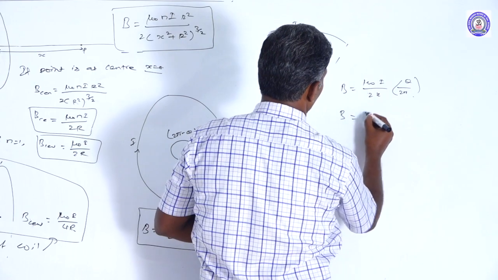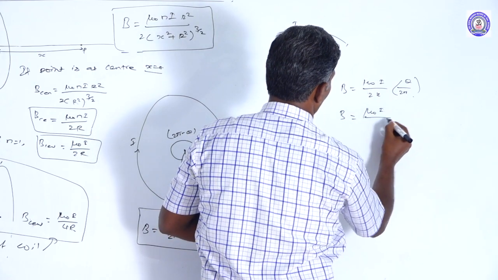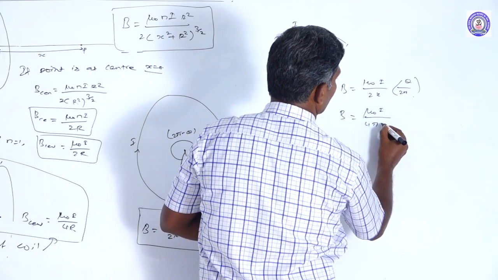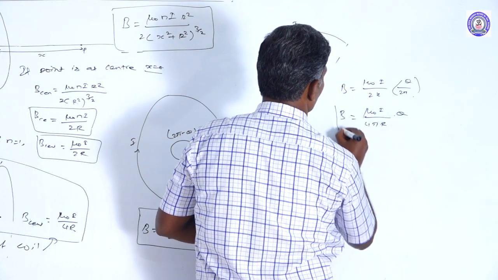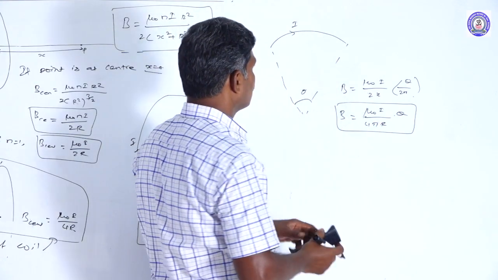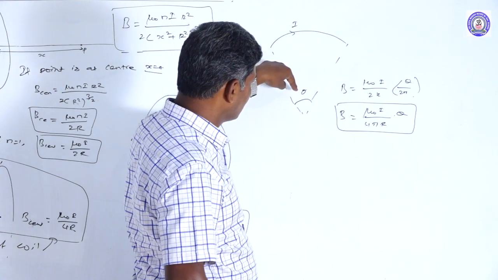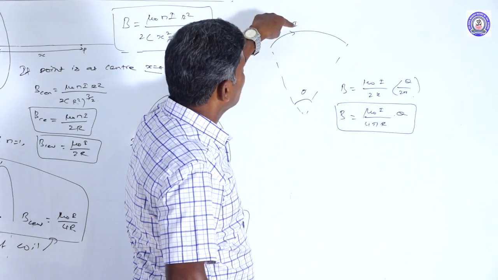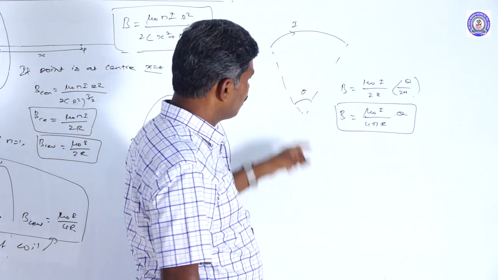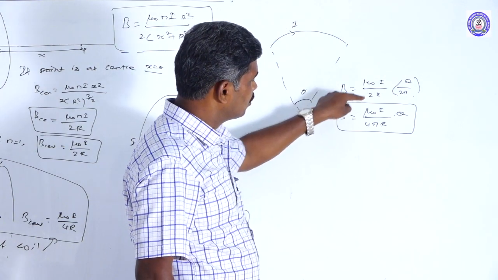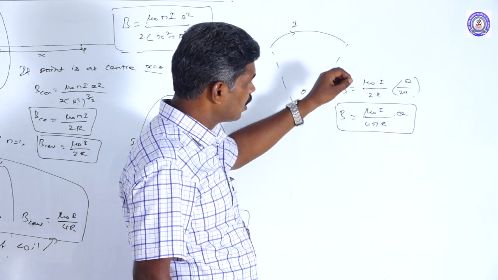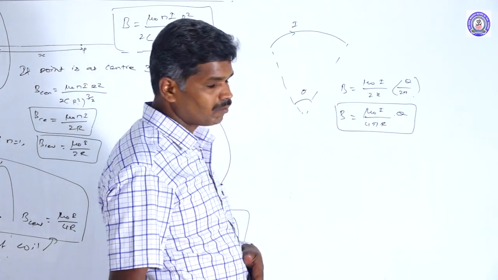So B is equal to mu naught I theta by 4 pi r. For the conductor only in a theta angle, through which I ampere current passes, the magnetic induction is B is equal to mu naught I by 4 pi r into theta.